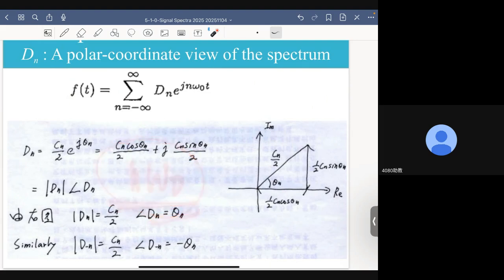So we can rewrite Dn as this. This means we express Dn, which is a complex variable, using its polar coordinates, where the magnitude is Cn over 2, or 1/2 Cn, and its angle is the phase angle of Cn.